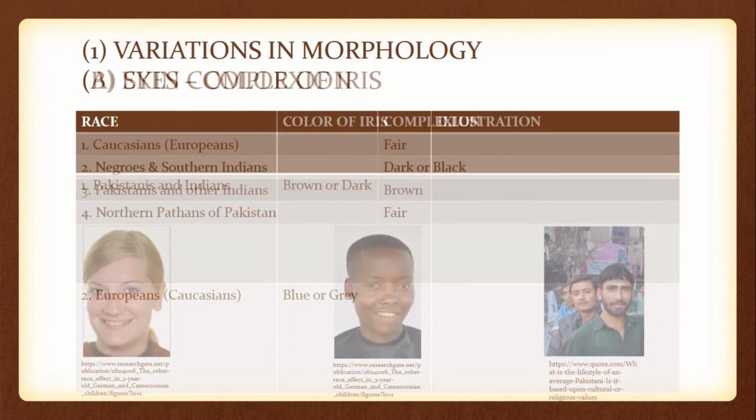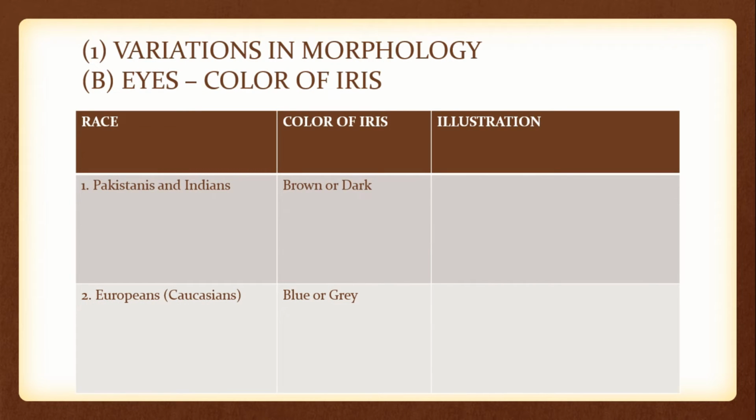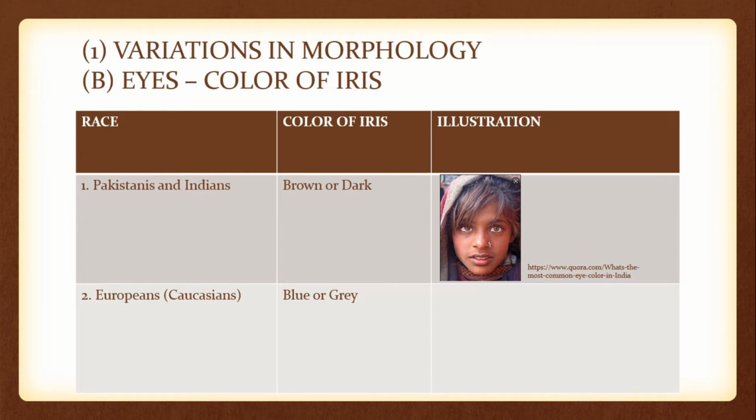Okay, moving on to the second morphological characteristic, that is the eyes, or more specifically color of iris. So we are going to observe the color of iris, and on the basis of different colors of iris we are going to determine the race of an individual. So if the color of iris is brown or dark brown, or black, then that individual would most probably be Pakistani or Indian.